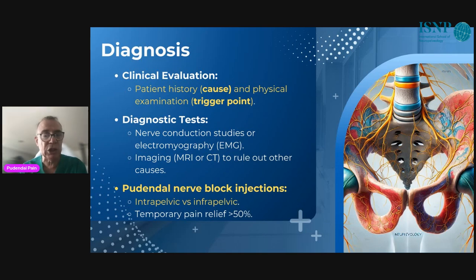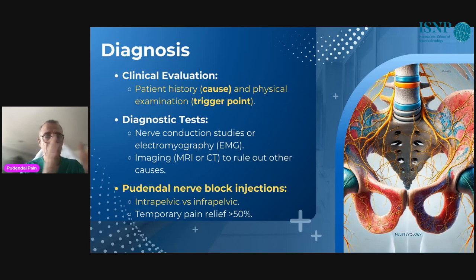So nerve conduction will change after a simple vaginal delivery. So it is difficult to trust. And imaging, MRI or CT scan, can be helpful to exclude a pathology like a tumor, eventually an endometriosis, so long as the radiologist is trained in this pathology.